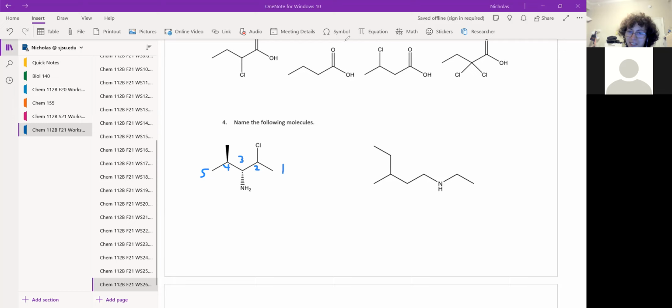If you numbered from here, you'd be giving a methyl group number 2 instead of a chlorine, and C comes before M, so that's why you number from the side closer to the chlorine. And regardless of which side you choose, the amine is number 3, so that doesn't matter. It's just C versus M. So that's the numbering.